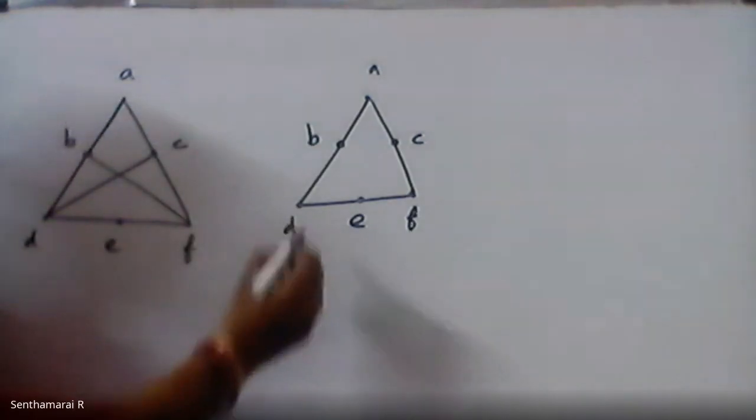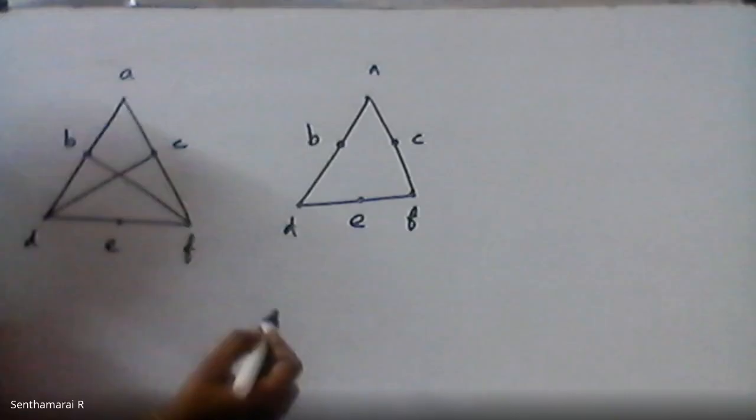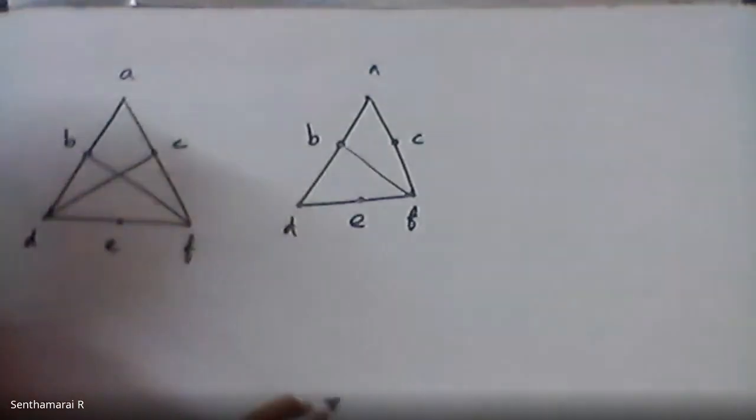Is it possible to draw without crossing? It is possible. How is it possible? Ma'am, from B to F, we can draw the line inside, and C to D from outside the triangle. It's planar. Yes, ma'am. Okay.